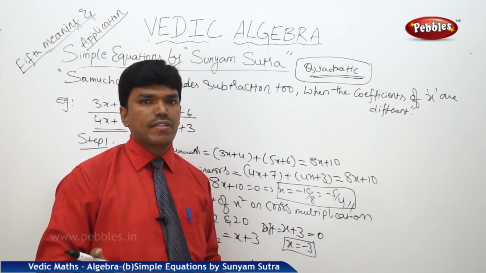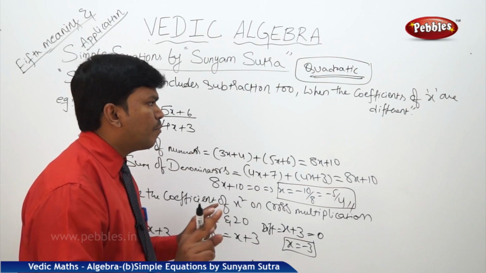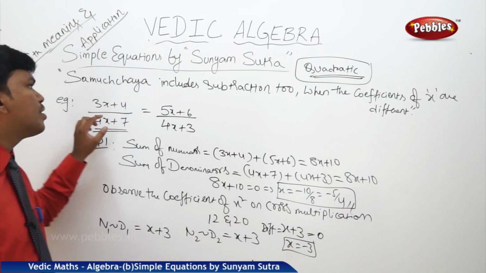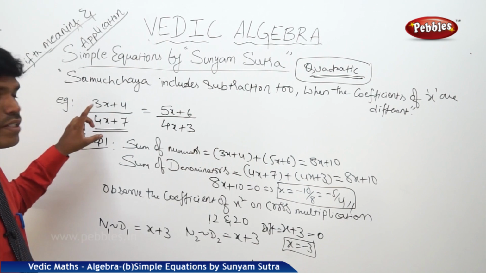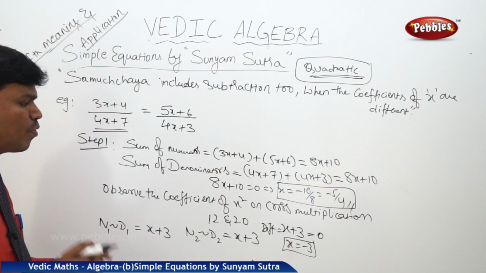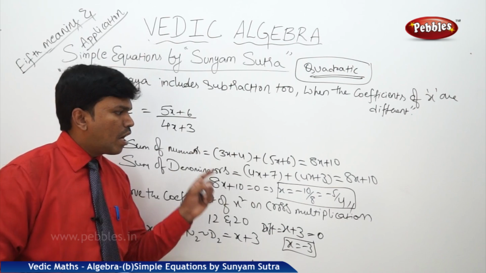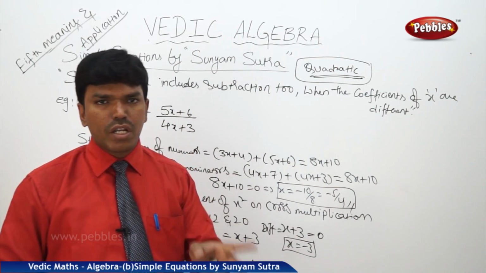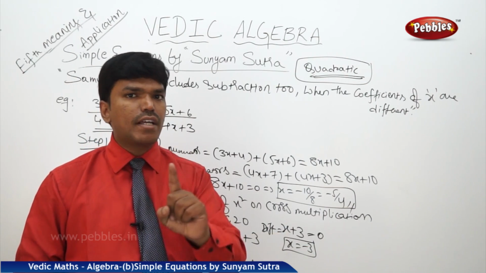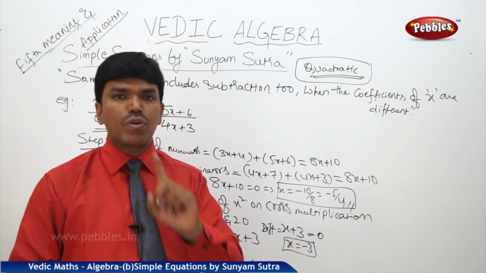We are getting two values here because the coefficients of x are different. It is not just like previous examples. So you should be very cautious. Just find out the sum of numerators and sum of denominators. If both are equal, just equate it to 0 so that you will get one value of x or one solution of x.